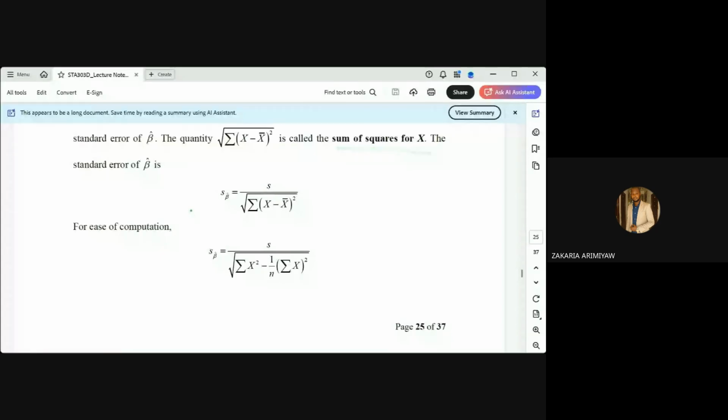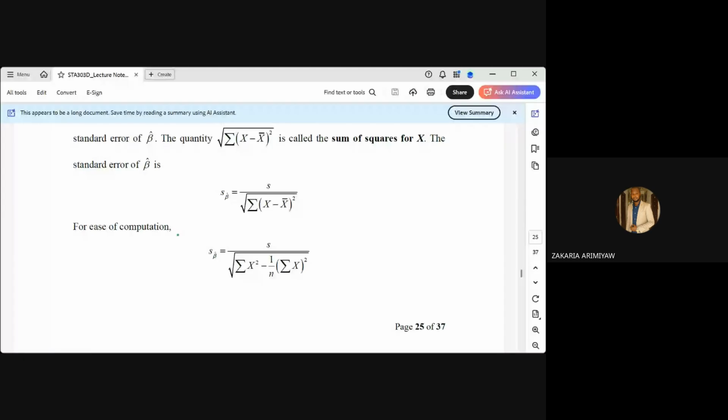So that's how we can calculate it. This is the formula for calculating the standard error of beta cap. If this is difficult for you, you can apply the second formula. It will give you the same result. The sum of squares doesn't include the square root. It's just the expression in the square root.